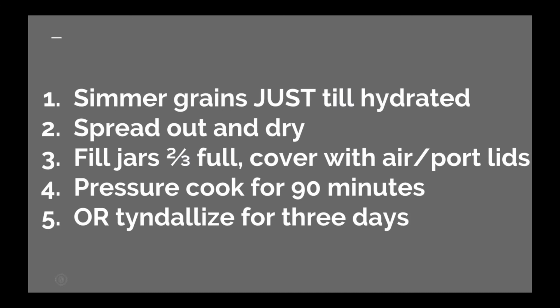The way this works is that after the first day, heat-resistant spores that did not get killed by the original simmering of the grains will start to germinate. When they grow for about 24 hours, that's not long enough for them to make more spores, but it is long enough for them to be vulnerable to getting killed by heat. So when we steam it again, then it kills all of the living spores that had sprouted.